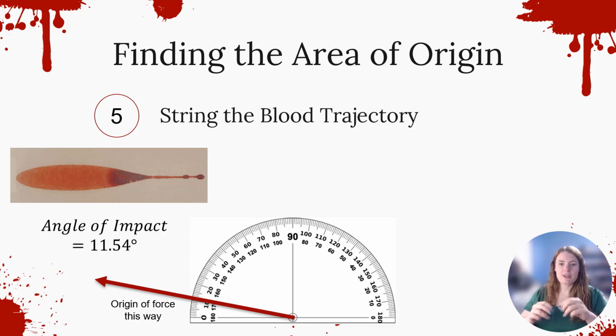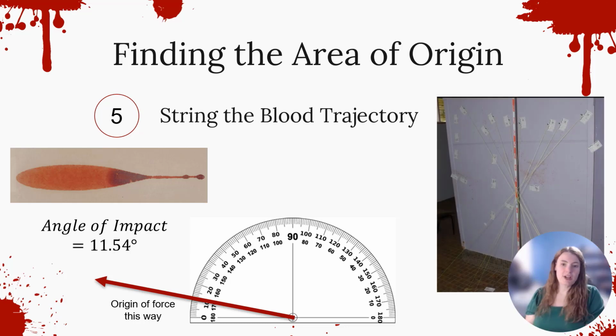You're going to pull the string away from the surface at the same angle as the angle of impact, and then attach to a second surface across the way from the original. And that surface can be whatever you want. It can be other walls, a ceiling, it can even be other furniture like floor lamps and coat hangers to tape the string. For either analysis, one blood drop is not going to lead you to any final conclusions.